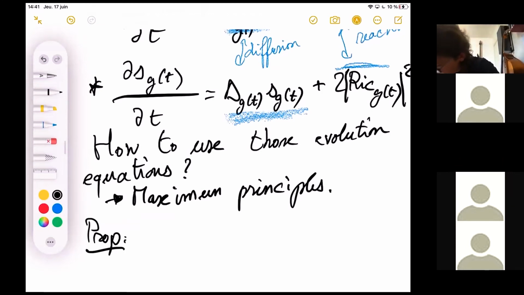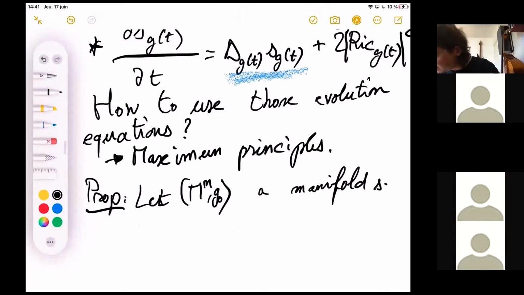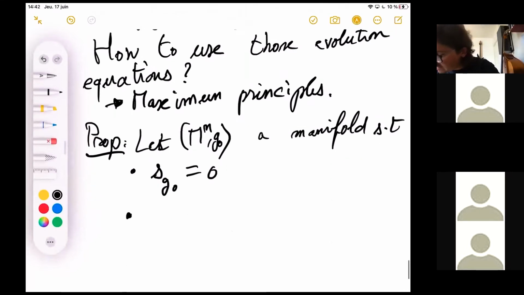So let's prove the following proposition. Let M^n be a Riemannian manifold, with metric g naught, such that g naught is scalar flat and M^n is a compact manifold.